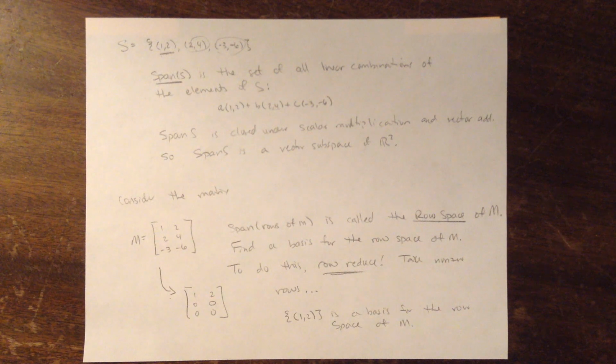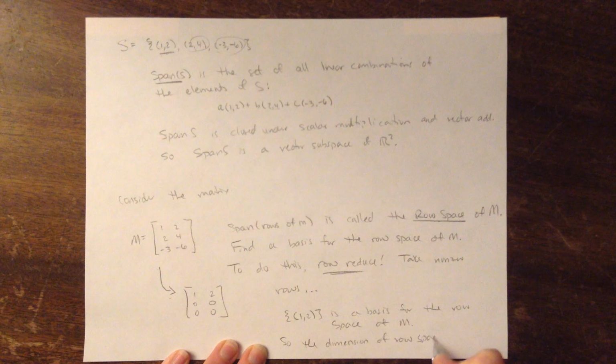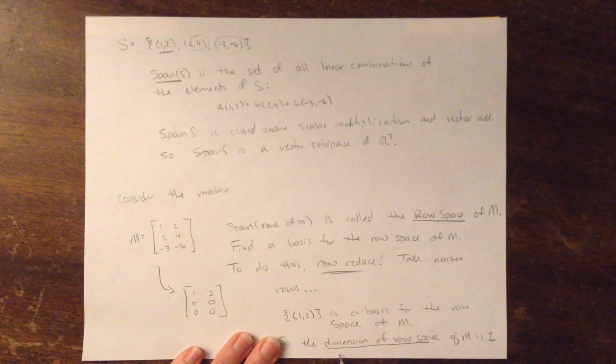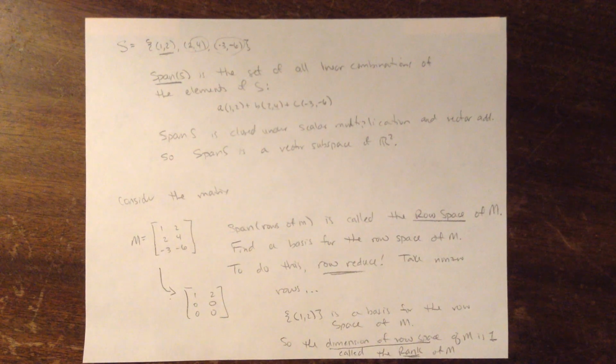So the dimension of the row space of M is 1, because the basis just has one vector. And the dimension of the row space is called the rank of M. So the row space is the span of the rows.